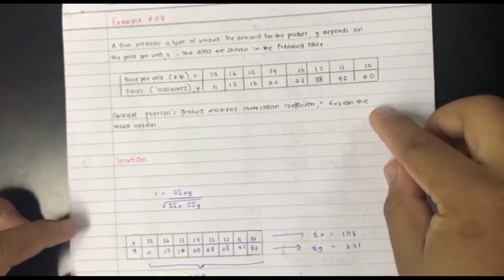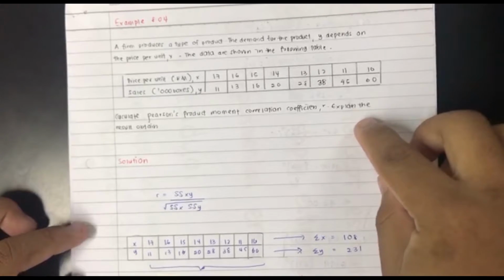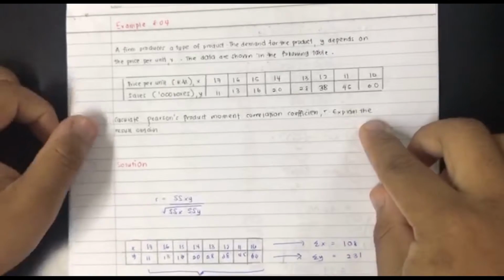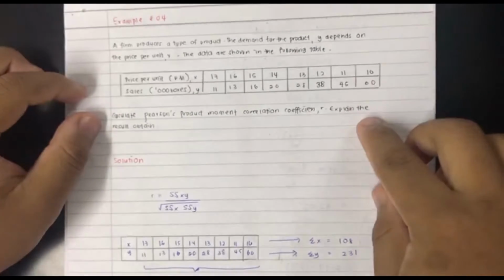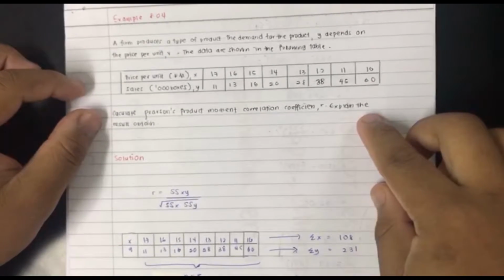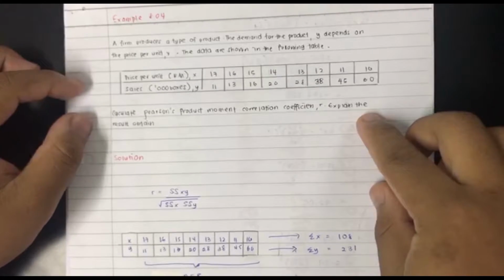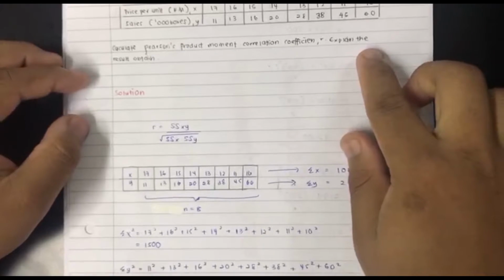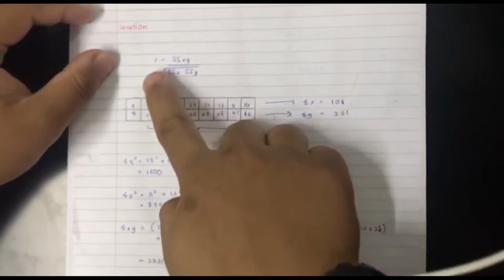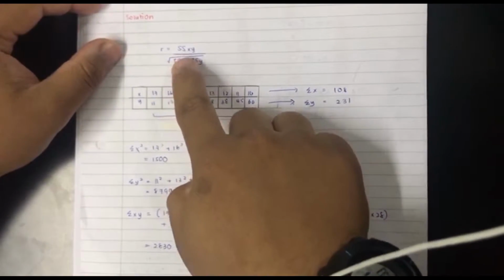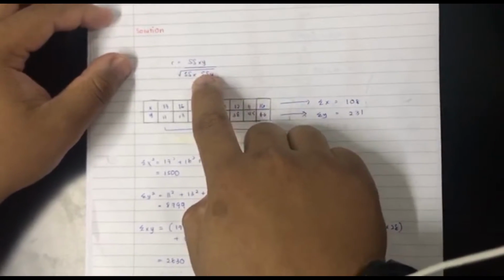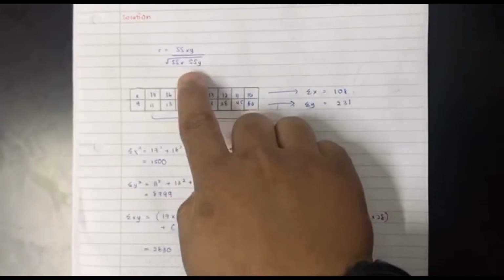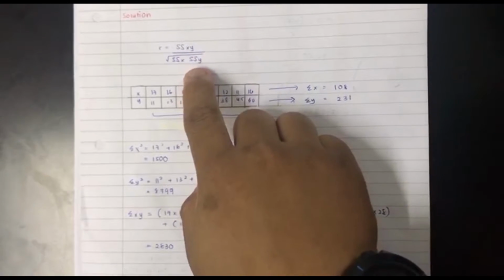In this question, it needs us to explain the result obtained for Pearson product moment correlation coefficient, which is r. So, as we know, the equation is r equal to SSxy over square root of SSx multiplied with SSy.